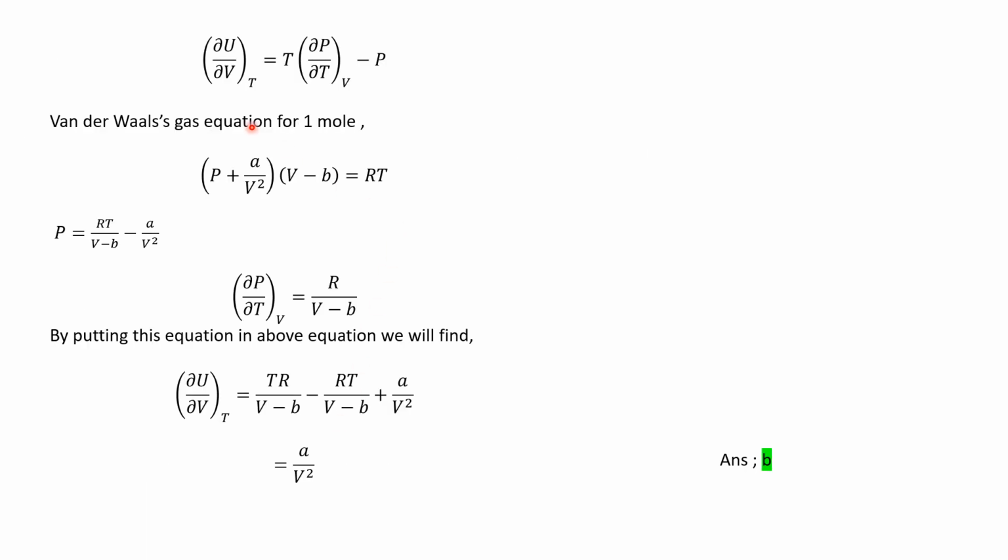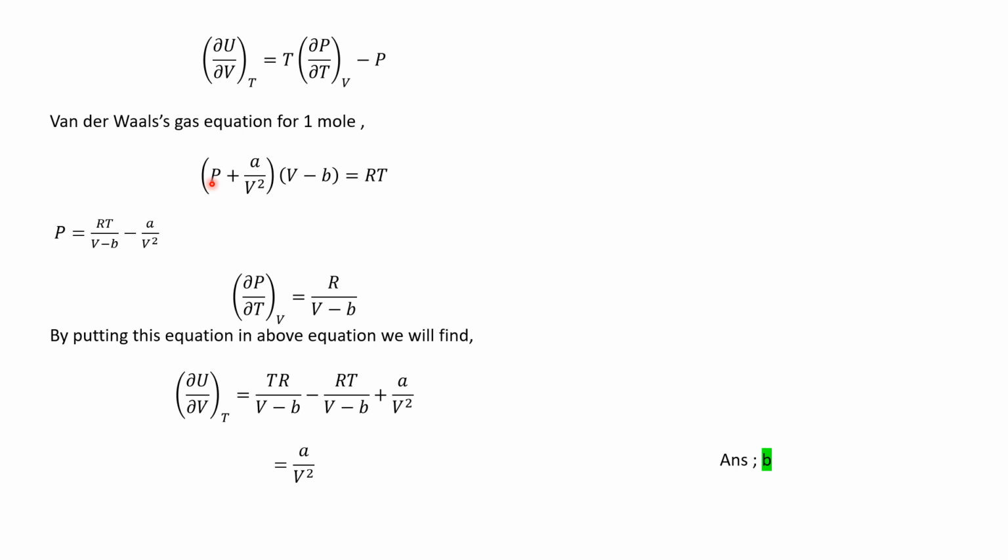Then we know that del U by del V at constant temperature is equal to T into del P by del T at constant volume minus P. So the van der Waals equation for 1 mole of gas will be P plus a by V square, into V minus b, is equal to RT. Because we know the van der Waals gas equation, P plus a n square by V square into V minus nb is equal to nRT. So by putting the value of n here, we can find this equation.